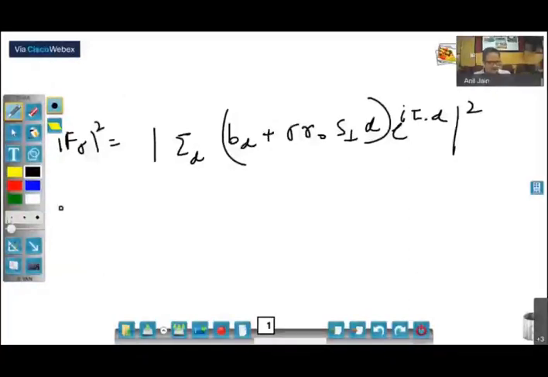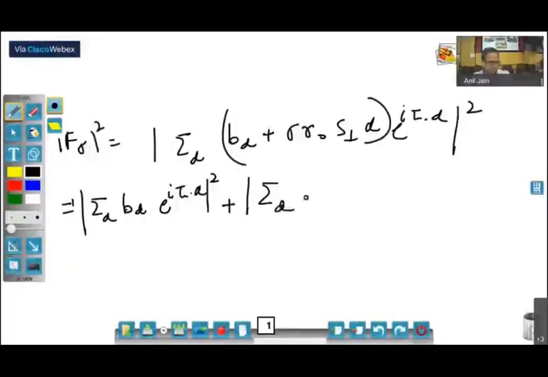Now, this expression I can write as a sum over the nuclear term plus the magnetic term, and for the ferromagnet case, the nuclear and magnetic reciprocal lattice vectors are the same.